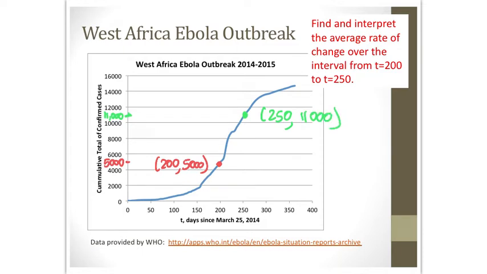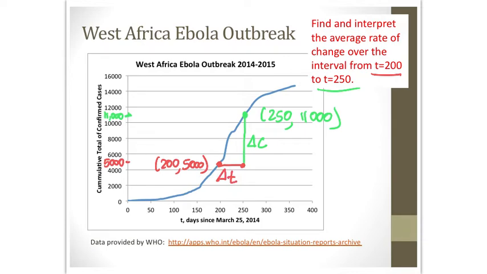So first, I need to identify the coordinates of the initial point and the end point of this interval. So I need to know the coordinates at t equals 200 and at 250. And these, from a graph, the best that we can do is approximate. If we're actually given a numerical table of values, then we can calculate this more precisely. And so the average rate of change is going to calculate the change in y values, in this case that's c, and we're going to divide that by the change in time, the number of days.